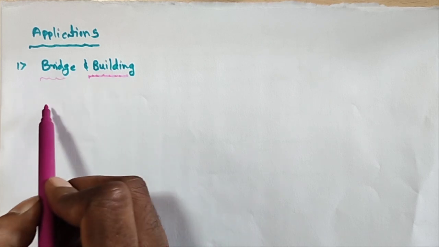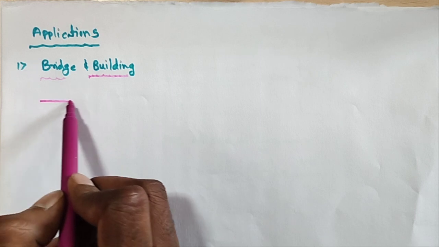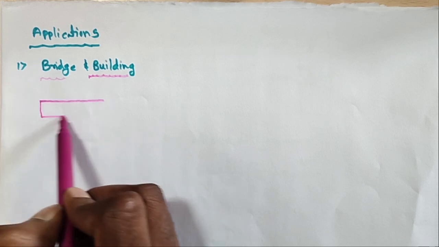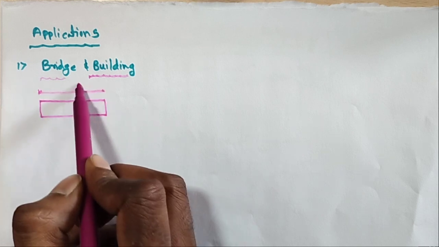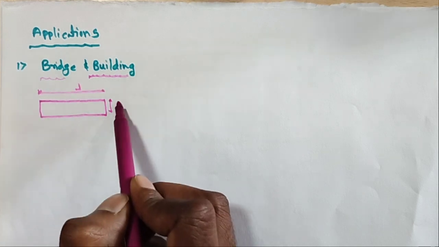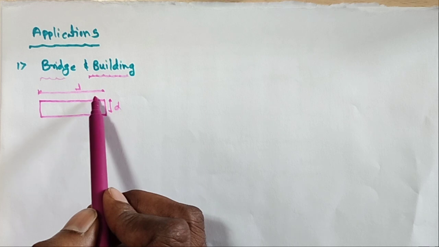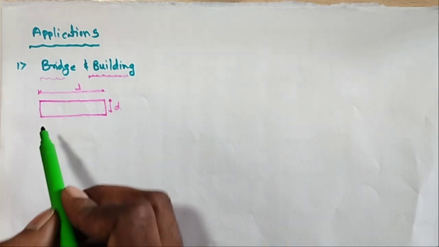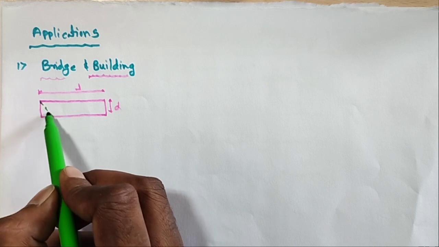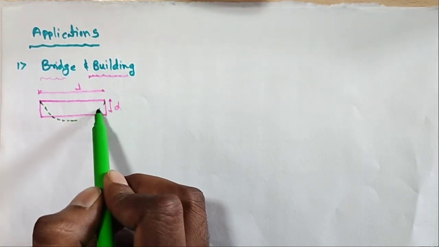For example, this is one bridge. What is the length? Initial length L, and the breadth b. When some vehicle is moving on this bridge, what happens?